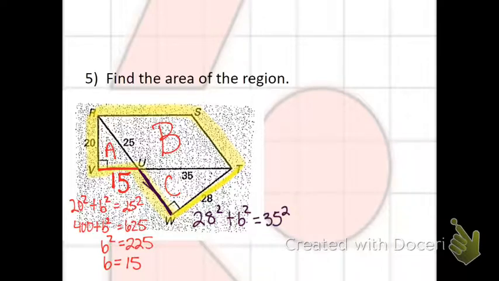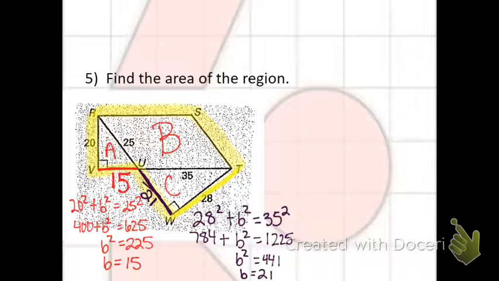So go ahead and take a minute to find this segment, and then we'll keep on going. All right, this time we found that UW, or this side of this triangle right here, should have a length of 21, also using our Pythagorean theorem. Okay, so now we should be set up with all the missing information we need.